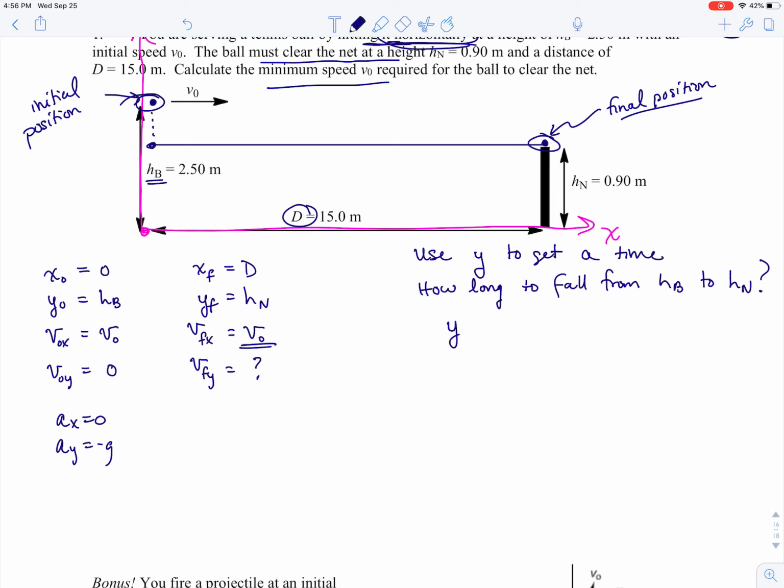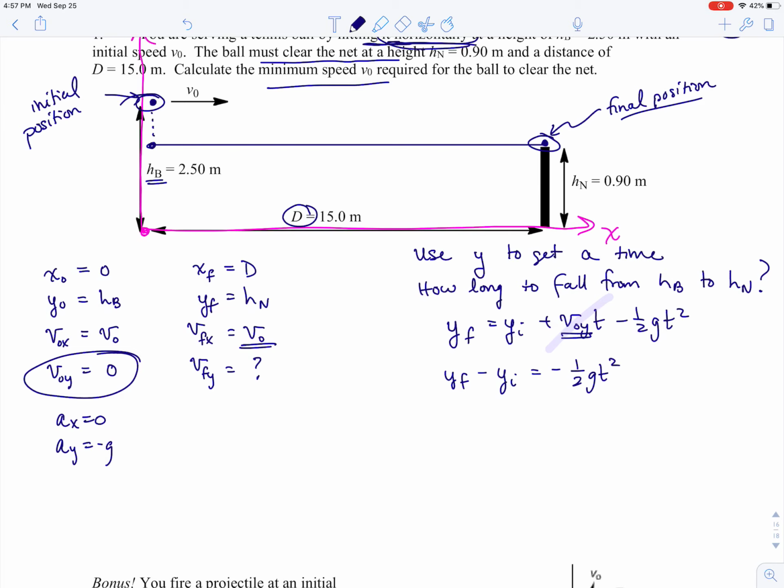Okay, so the final y position is the initial y position plus v naught y t minus 1/2 g t squared. Now the initial y velocity is 0, so this goes to 0, and then we can rearrange this. We have y final minus y initial is minus 1/2 g t squared.